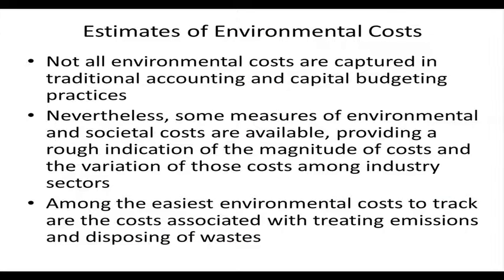So not all of these environmental costs are captured in traditional accounting and capital budgeting practices, but some are available. That gives a rough indication of the magnitude of the costs and the variation of those costs among industry sectors. Among the easiest to track are the costs of treating emissions and disposing of waste. These expenditures are not distributed uniformly among industry sectors, because they are usually lumped together.